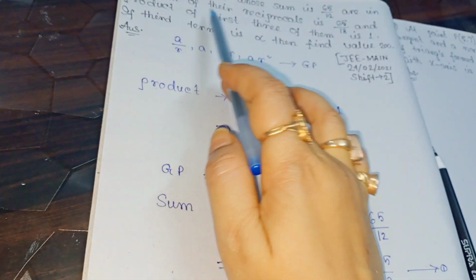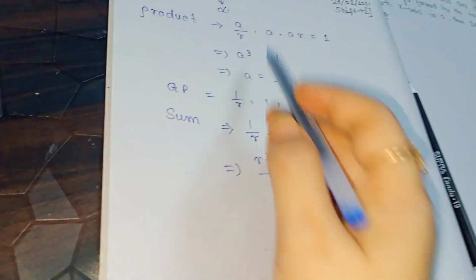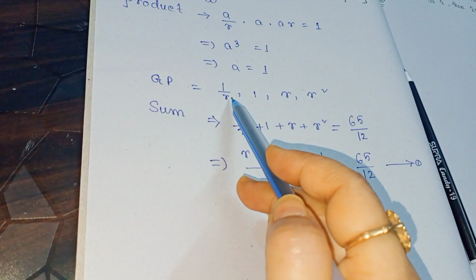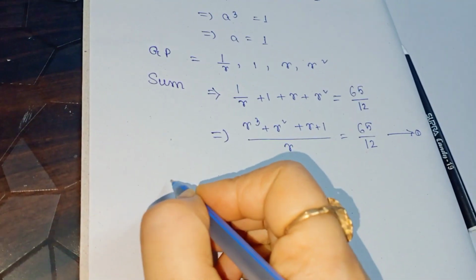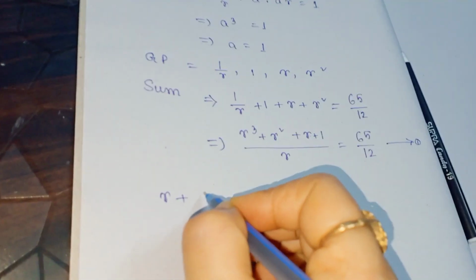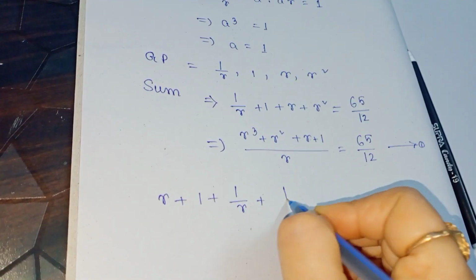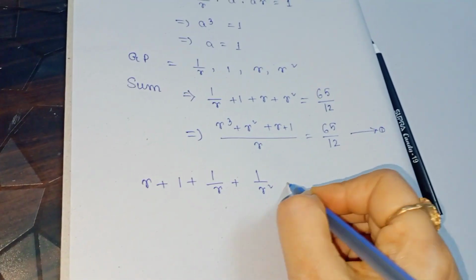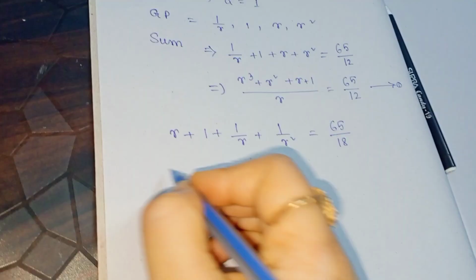And the sum of their reciprocals is 65 by 18. So the reciprocal of this GP's terms is R plus 1 plus 1 by R plus 1 by R square, that is equal to 65 by 18, given.